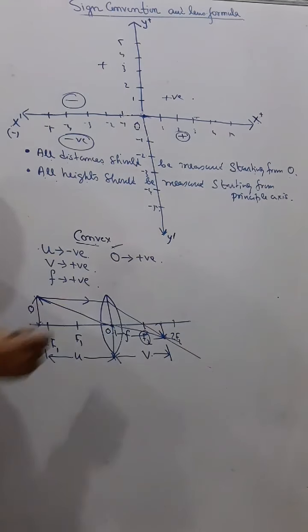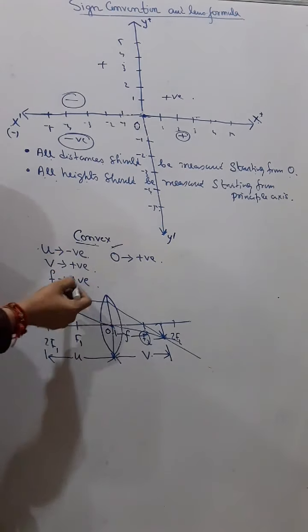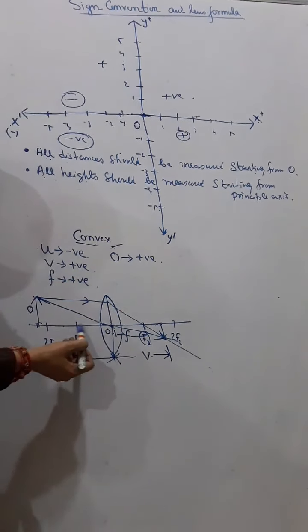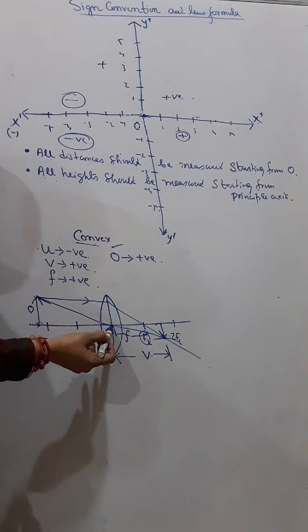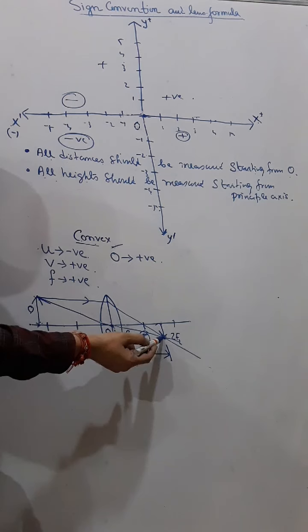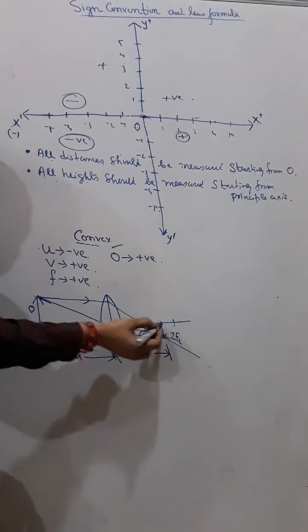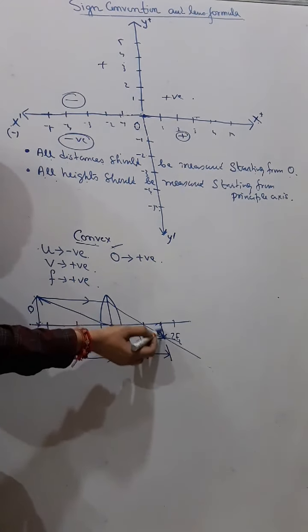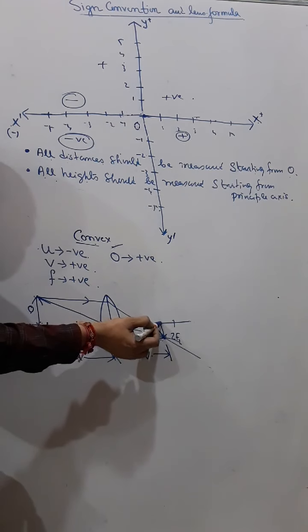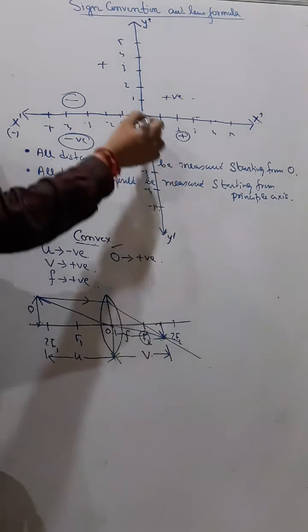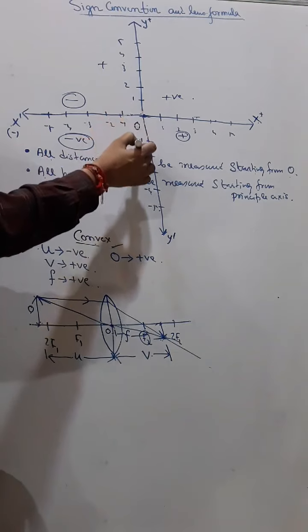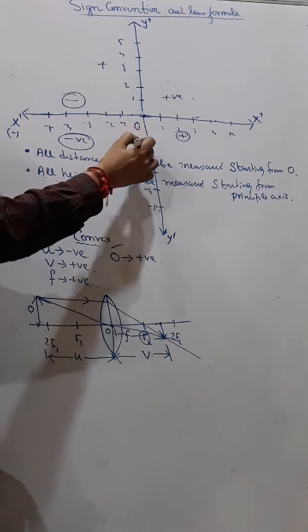And if you see real image, in a convex lens, always real image is formed except between focus and pole. So real image is always inverted. So inverted means if this is the height of the image, starting from principal axis you are going downward. So from principal axis if you go downward, that means I am going towards negative.